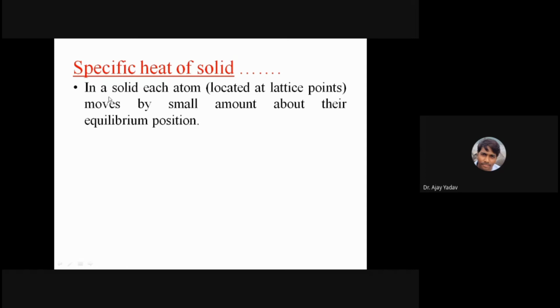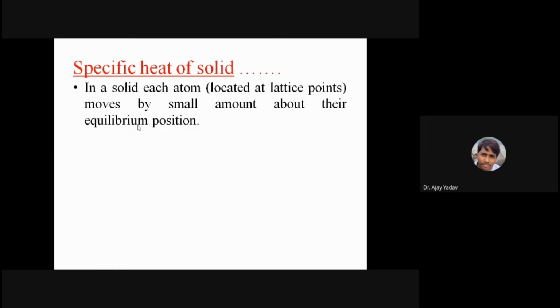Even at room temperature. So in a solid, each atom moves by a small amount about its equilibrium position, the position where they are residing, their actual position. Okay, so they move left, right, up, down. So there is a three-dimensional movement of every atom inside the solid.